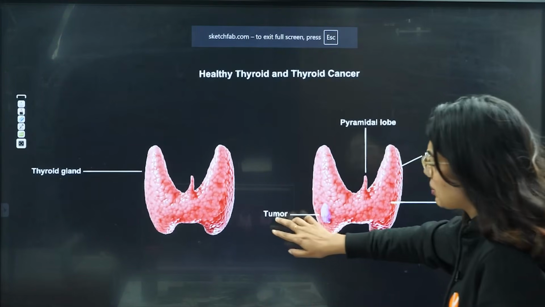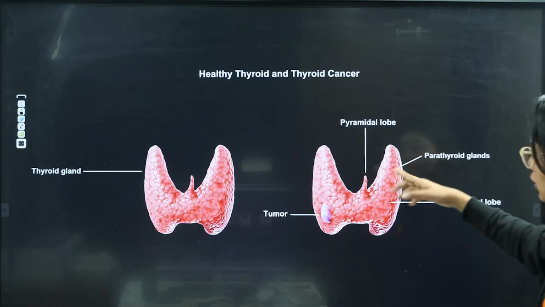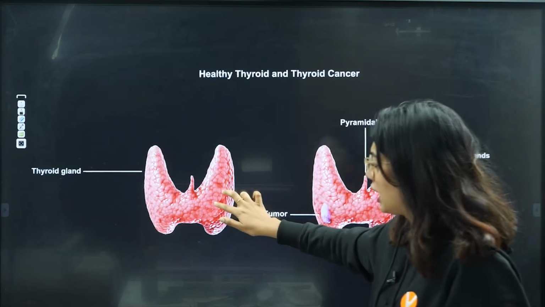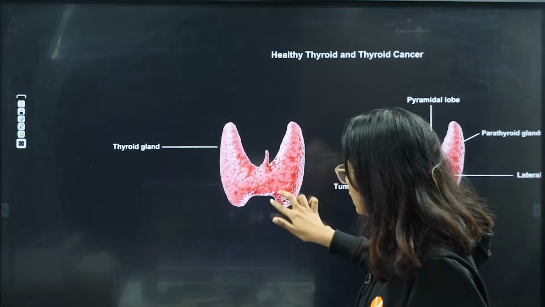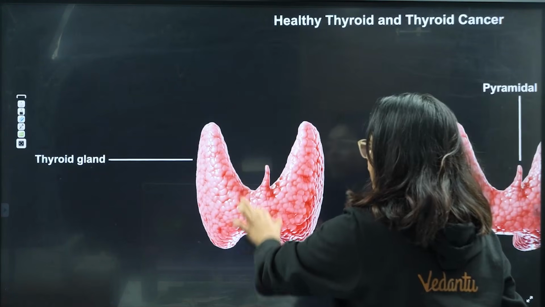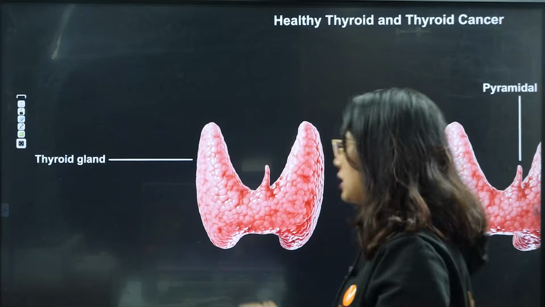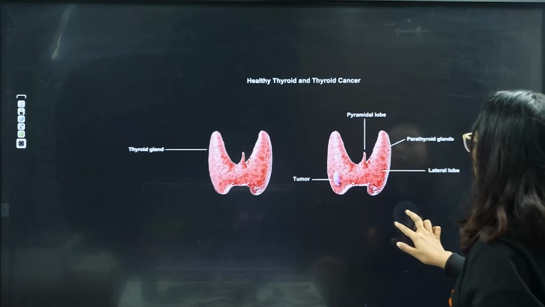Look at it, it's an almost butterfly shaped gland. This is a tumor in the thyroid gland and this is your parathyroid gland when we show it in reverse. So this is the healthy thyroid gland. When you see the shape, it is butterfly shaped. The trachea will pass here, so on either side there is one lobe present. Clear? And this thyroid gland has follicular cells.